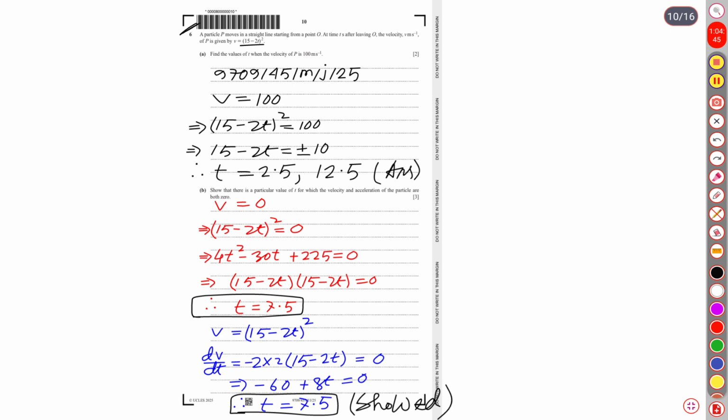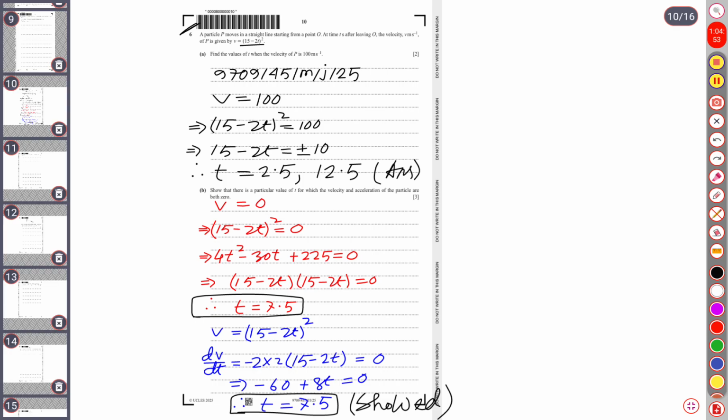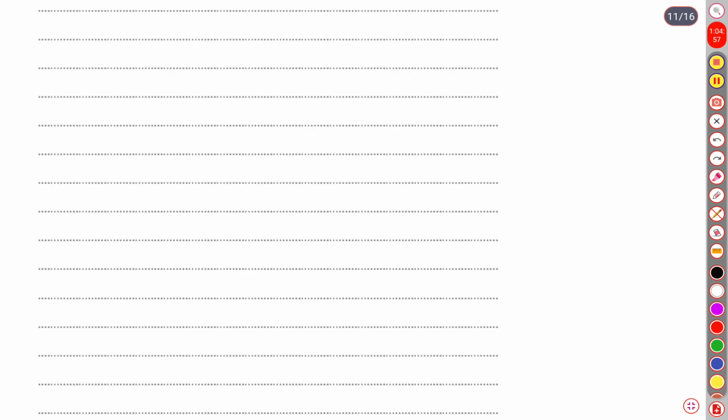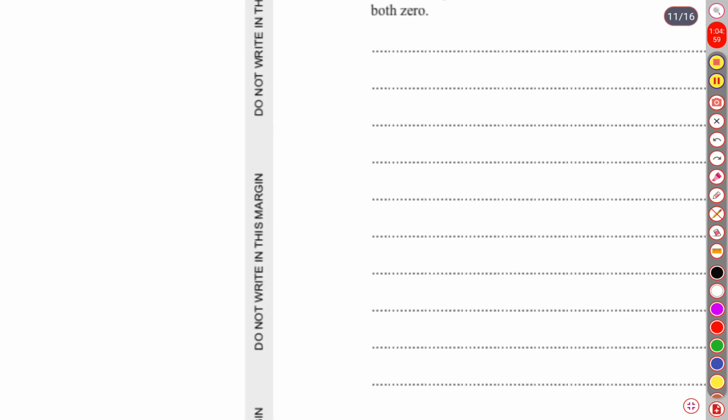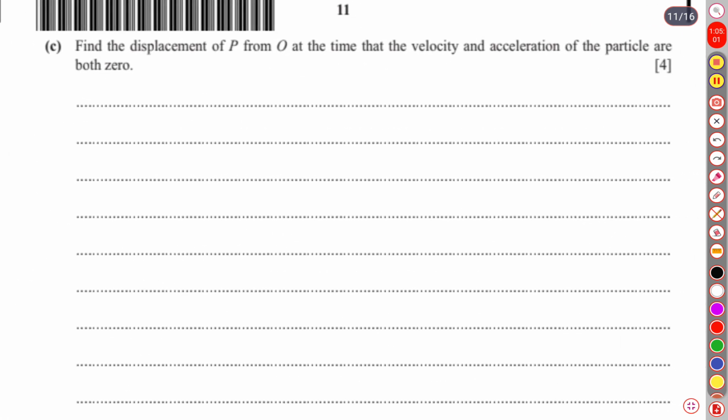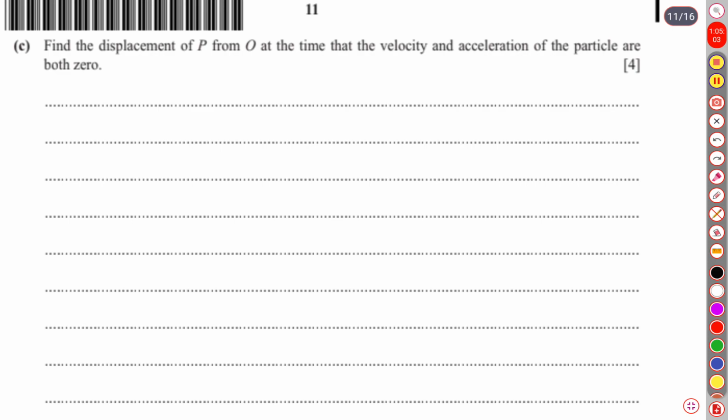After that, let's move on to the next solution. Next question is on the next page here. Find the displacement of P from O at the time that velocity and acceleration of the particle are both zero. That means t was 7.5.